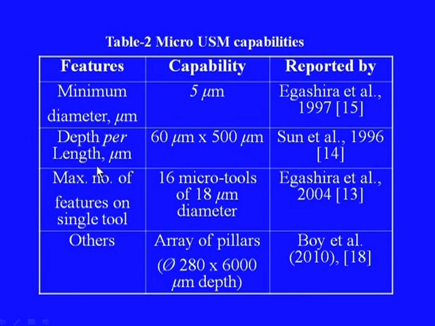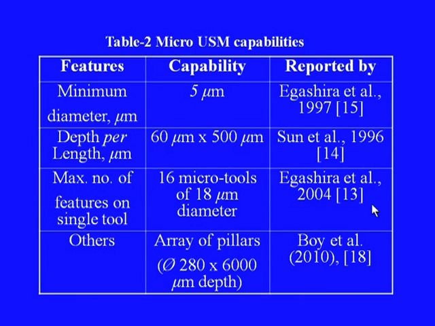Then depth per length, that was 60 micrometer into 500 micrometer. This was reported by Sun et al. in 1996. Then Igashira again, in the year 2004, reported the maximum number of features on a single tool.